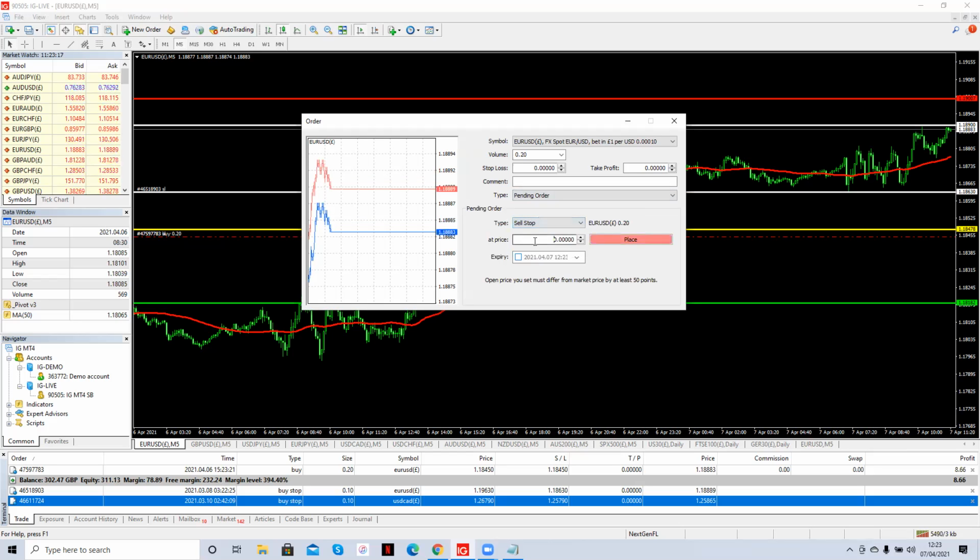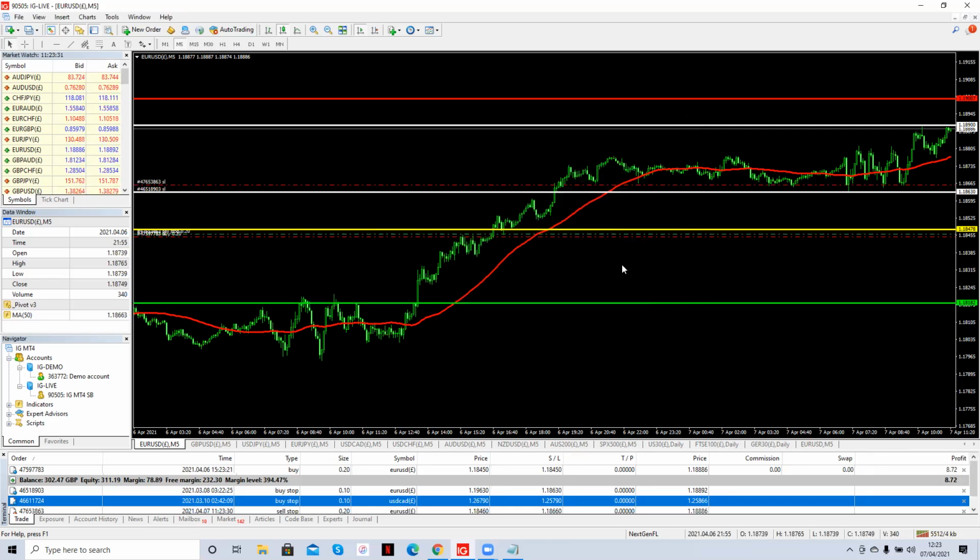Sell stop 1.1846, stop loss 1.1866, and then take profit with 1846 minus 60, but I can't do mental math, so I'll just do that for now. So if the market falls, takes that order and takes me into the trade, potentially, yes, I could have 2 live trades on the euro US dollar. They're completely independent. It won't disturb the other one.